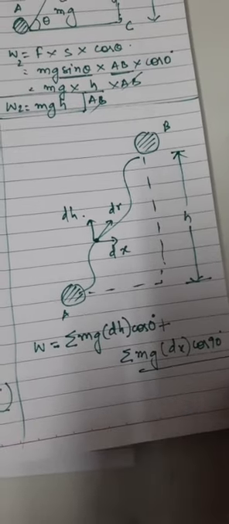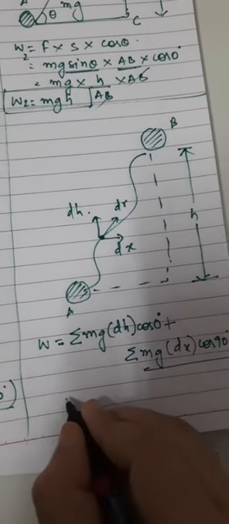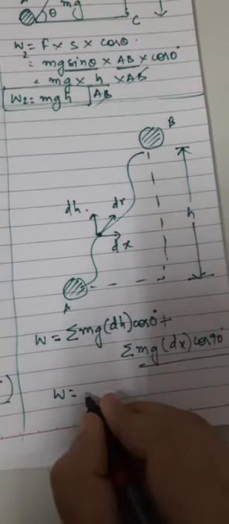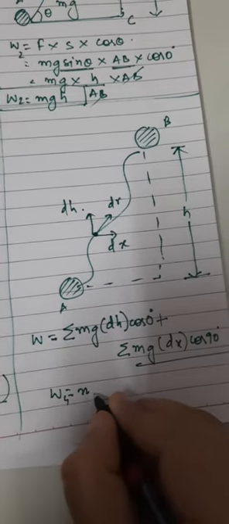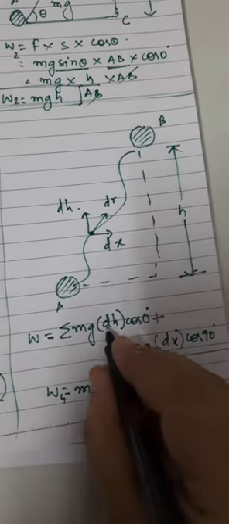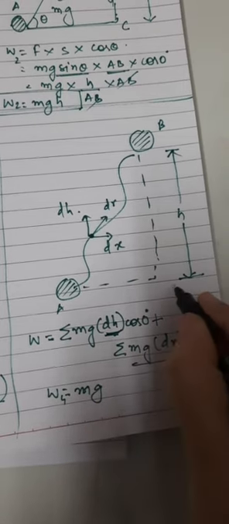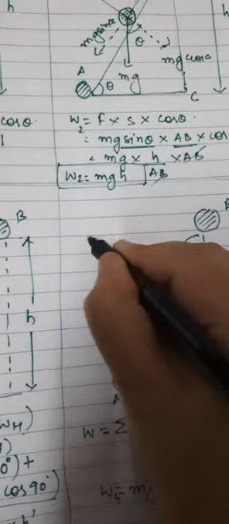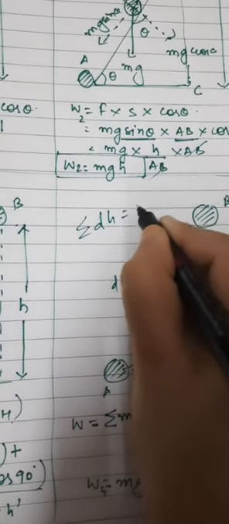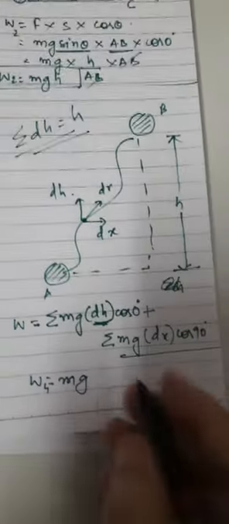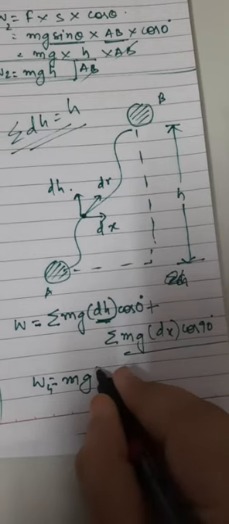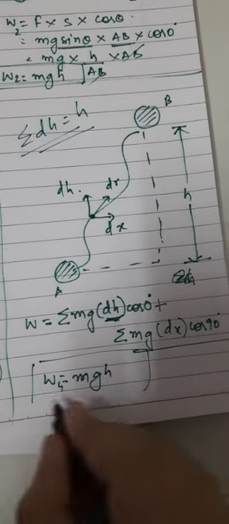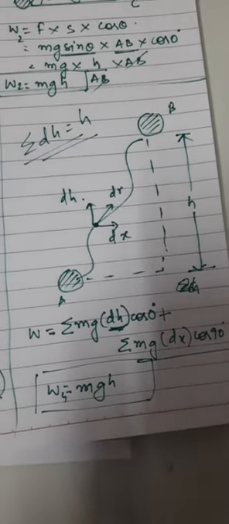This whole term becomes 0. So W4 is equal to mg times the summation of dh, which is h. So the fourth work done is also mgh.